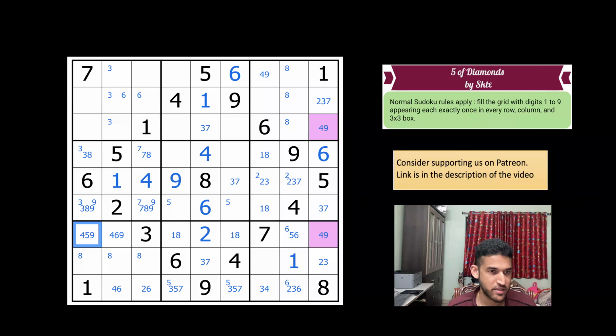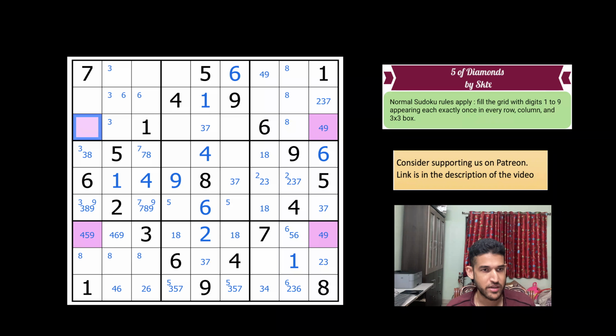By the same 2, I mean in the same rows in column 1, right? Row 3 and row 7. You can see that in column 9 too, the 4 is in exactly row 3 and row 7. None of the other cells can take a 4. So this is an X-wing pattern.